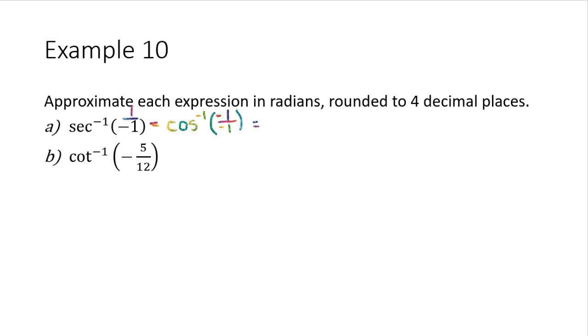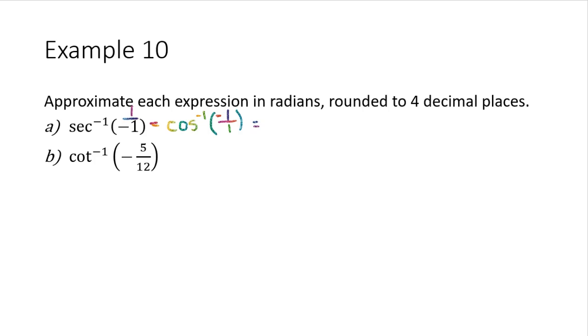Sorry about that. So we've taken the fraction 1/-1, we've made its reciprocal into -1/1. That changes our secant function into a cosine function because they are reciprocals as well.